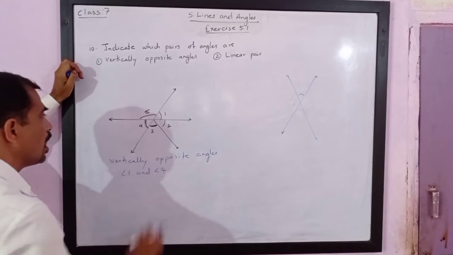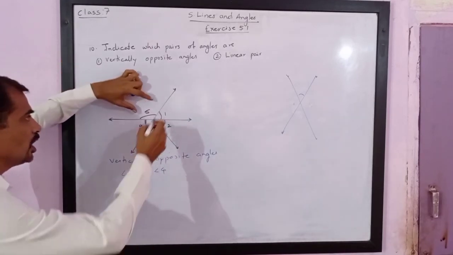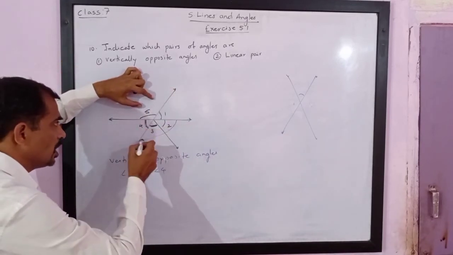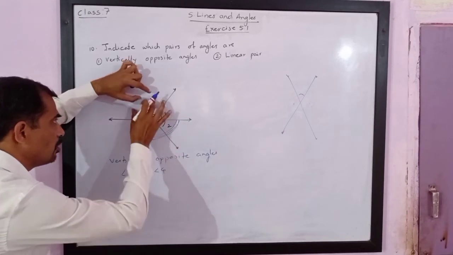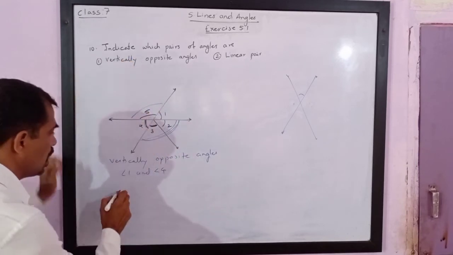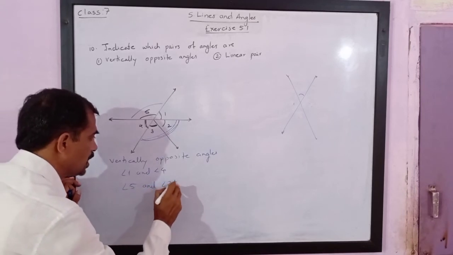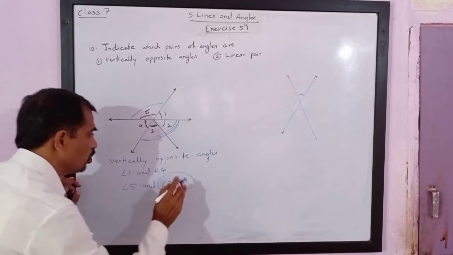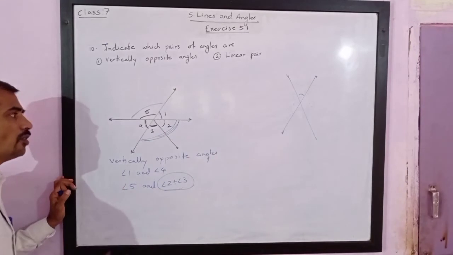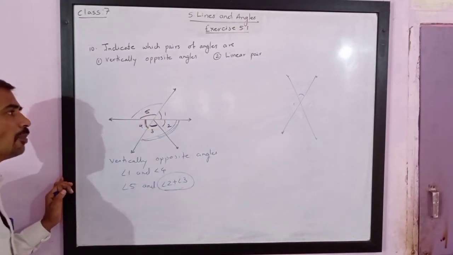That is, these two are vertically opposite. Then you will notice that angle 2 plus 3 is vertically opposite to angle 5. So angle 5 and angle 2 plus angle 3 together are vertically opposite angles.